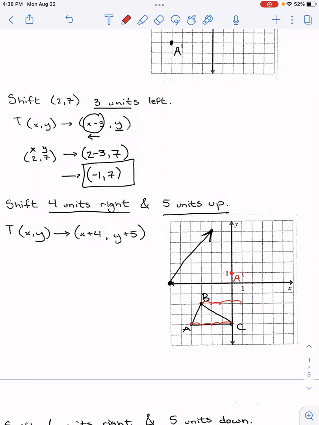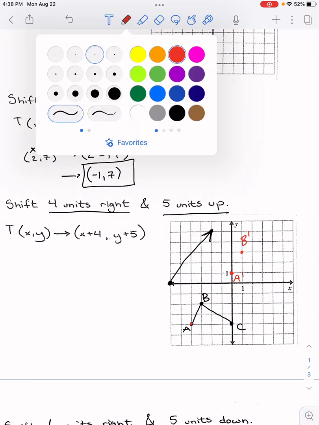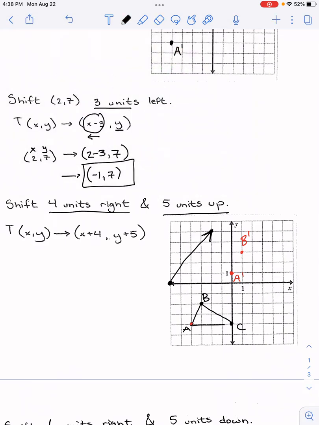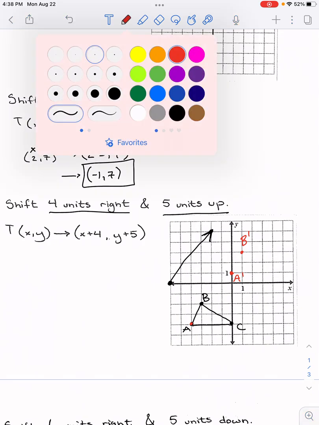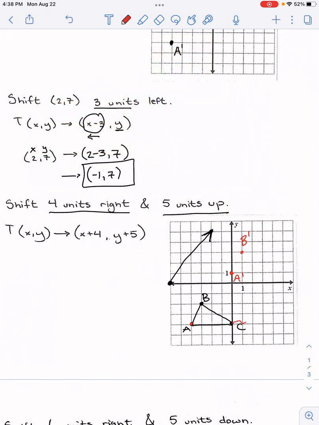Okay. I believe that was right here. We'll have that B prime. Let me get rid of this. All right, and now C prime. 1, 2, 3, 4. 1, 2, 3, 4, 5.